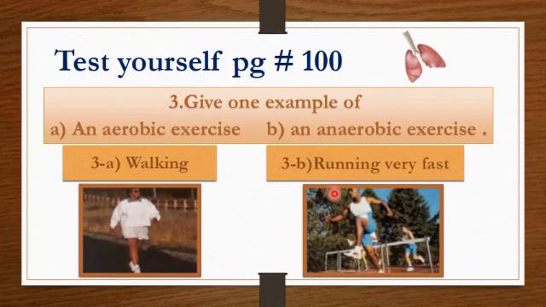When running very fast, cells cannot produce a lot of energy as given by aerobic exercise. When the breathing rate is increased, cells start respiring anaerobically, because oxygen supply is reduced, so they start respiration by anaerobic means when running very fast.